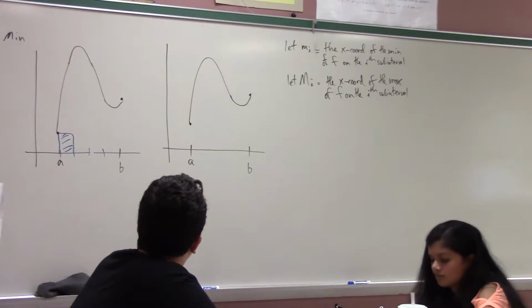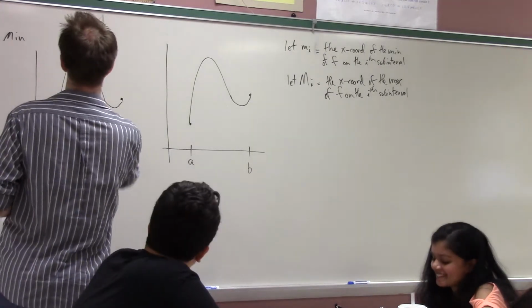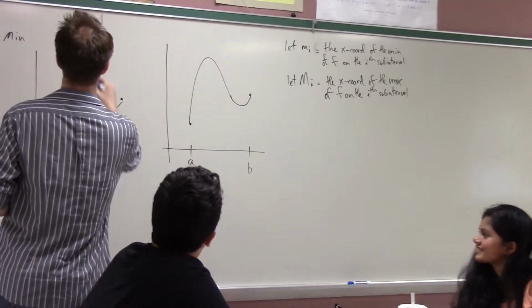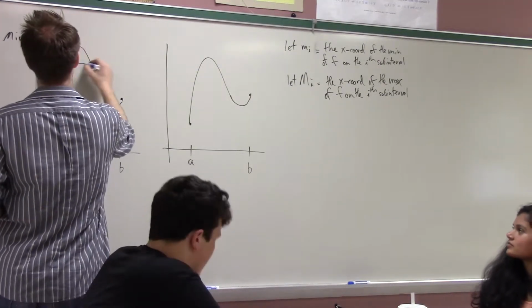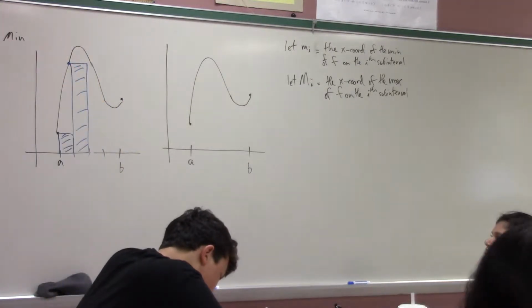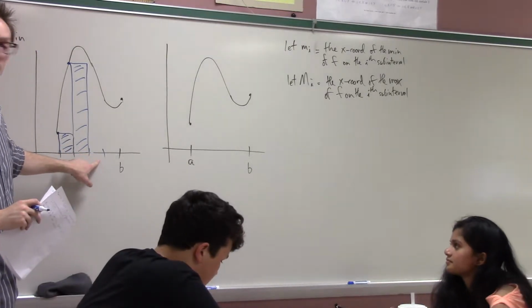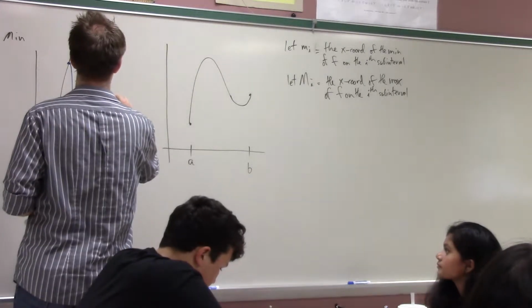All right. Which should I use? Left endpoint or right endpoint? I think left. It's hard to say. Yeah, left. So left. But now, what do I do when I get over here? Now I should use the right one.